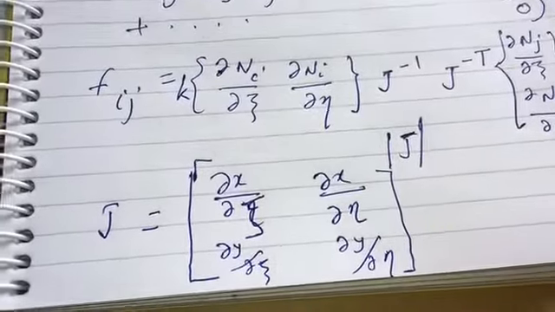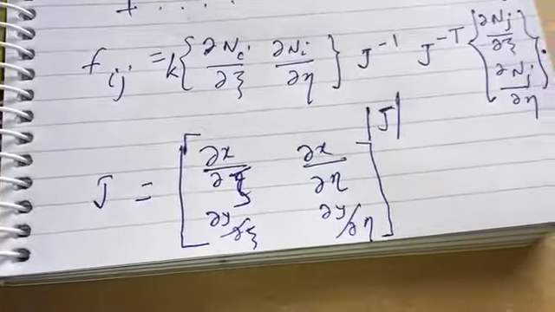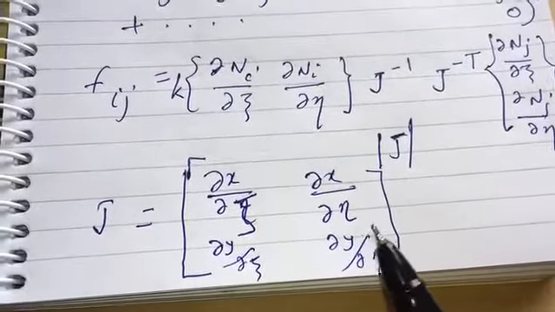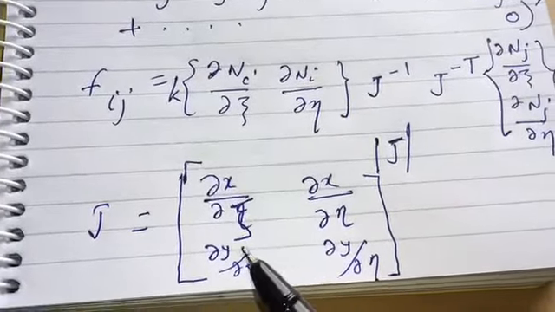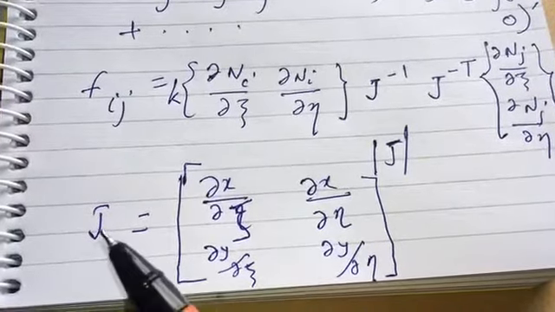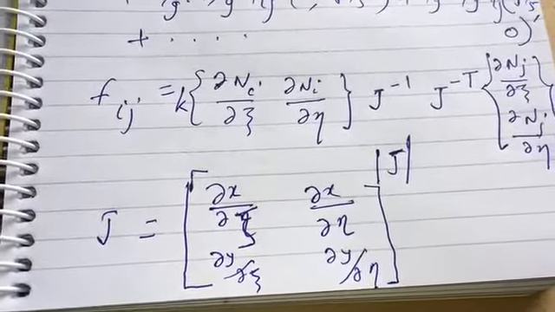So this is J, or Jacobian matrix, and this we need to evaluate, although we already have an idea, but in terms of x1, y1, x2, y2 and so on, we have to find out J. This is what we will do next.